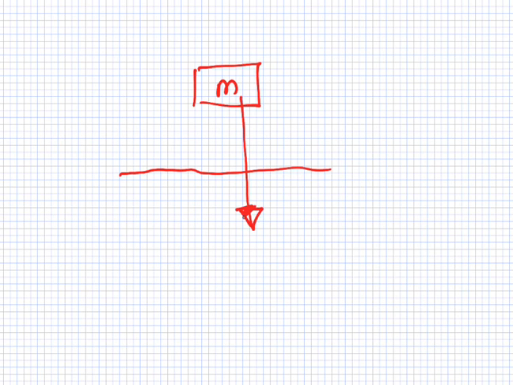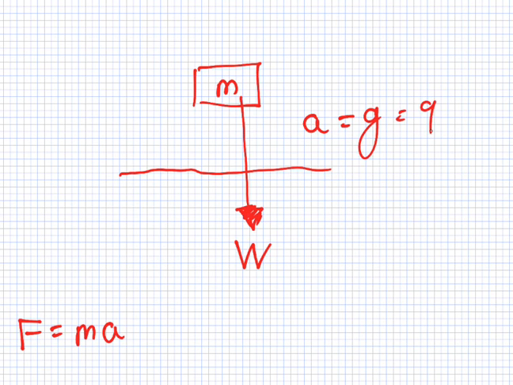So let's find a formula for weight. Okay, so here is its mass m, and it's accelerating down, and there's a force here of W. What's the formula for force? ma. What did I say the a was for things which are falling? g, which is 9.81.